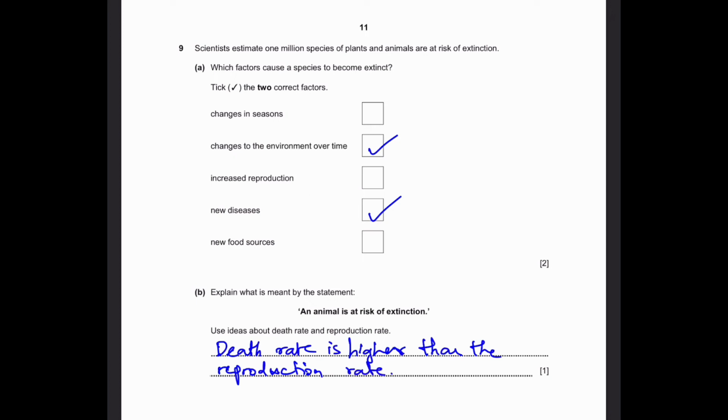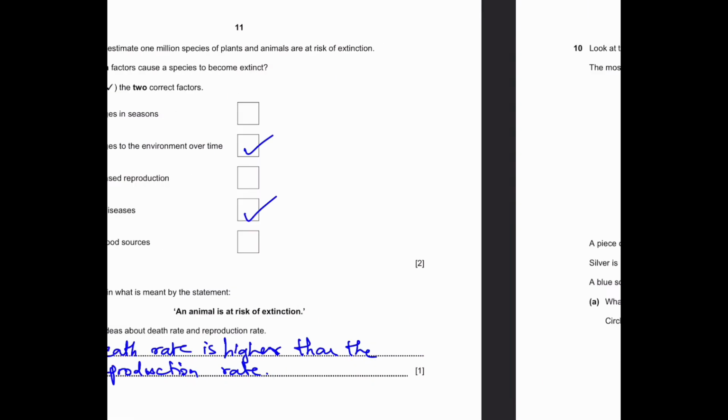And if this trend continues, that means the animal will become extinct in a few years or even decades, millenniums as well. That's our answer. Let's go to question 10.